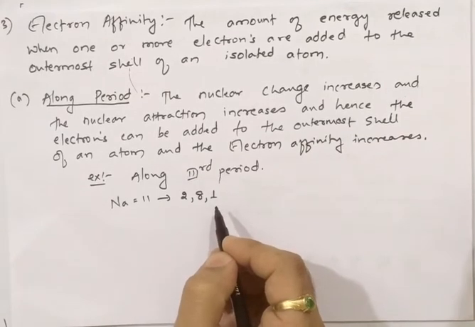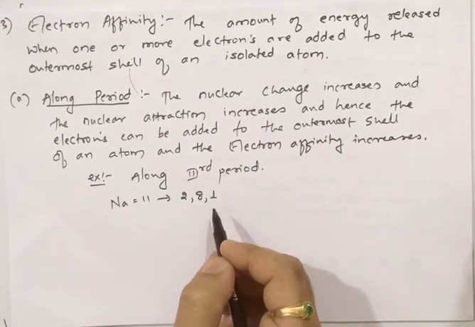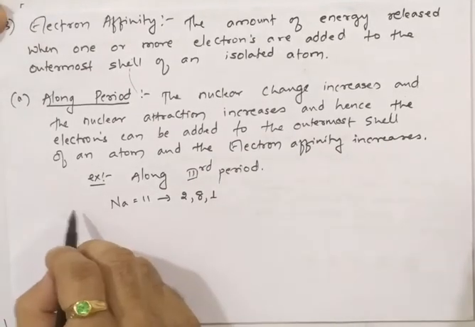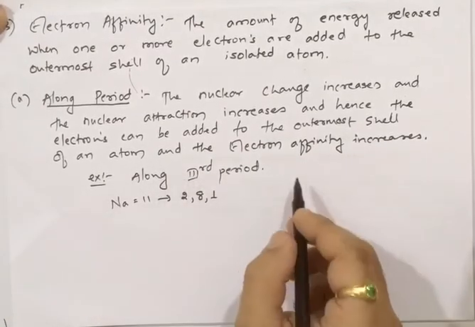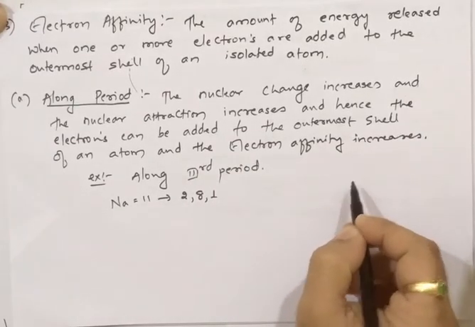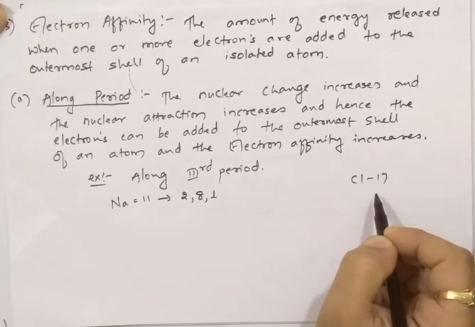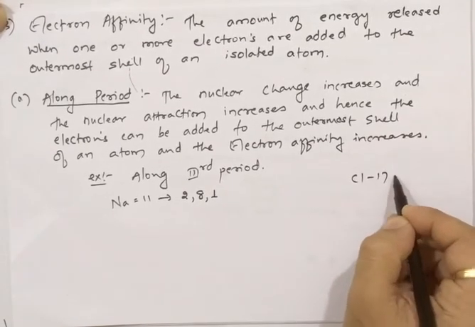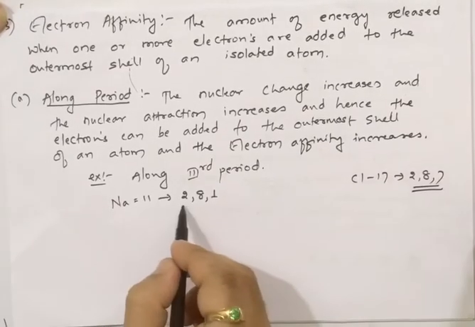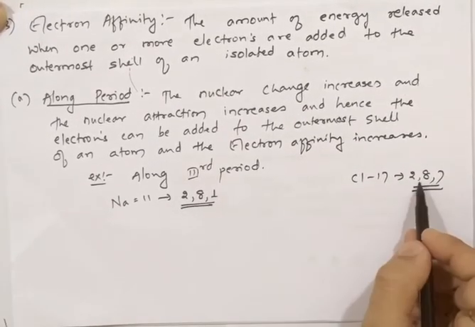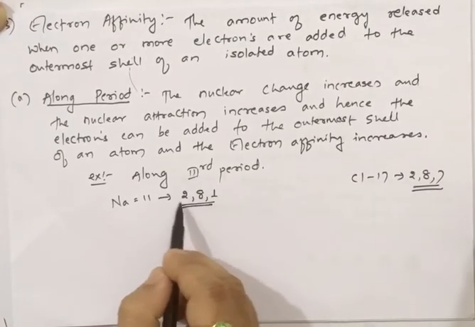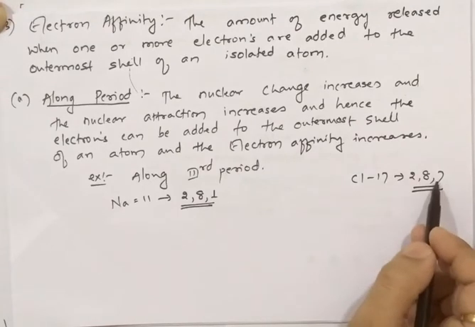Then the elements along the third period, here we take 11, 12, 13, 14, 17. We will take chlorine 17. Then what is its electronic configuration? 2, 8, 7, correct or no? In sodium also there are 3 orbits, and in chlorine also there are 3 orbits, but number of electrons and number of protons are less here and more here, correct or no?